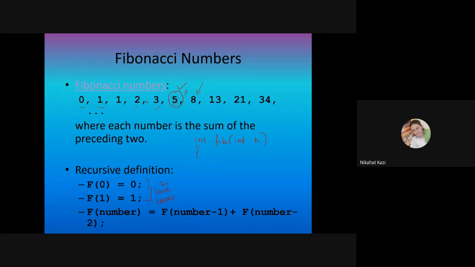So tell me, someone can volunteer? Any one of you can volunteer? Return fib n minus 1 plus fib n minus 2. No, where is the if else?